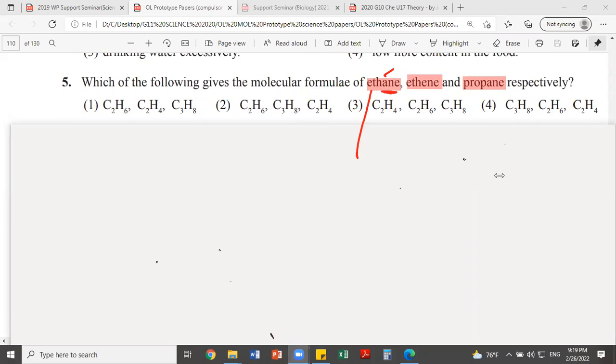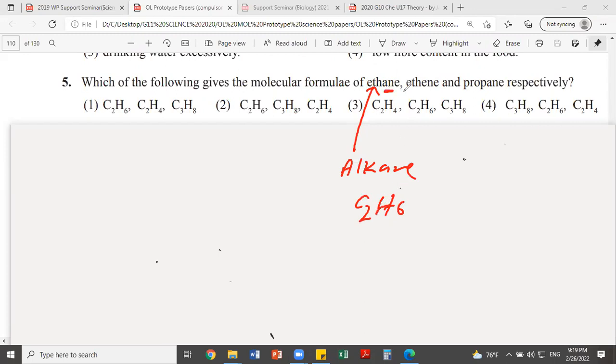Rohini, Abdullah, Niresh, Rosha, first one. Kumar, first answer. And Tirani, first answer. Malshi, first answer. Yeah, very good. The answer is what? First one, C2H6, ethane. It's an alkane, C2H6.